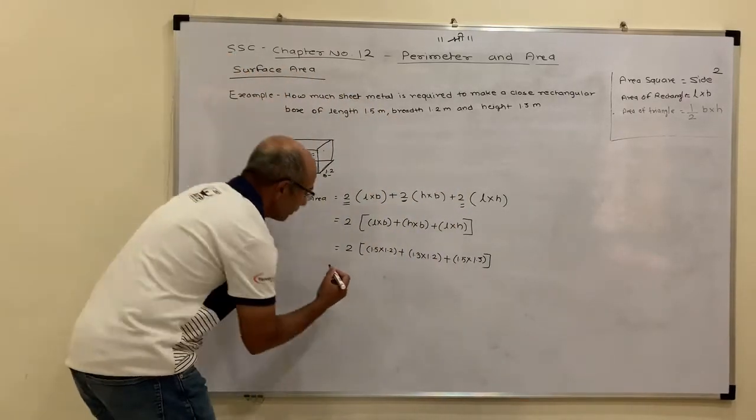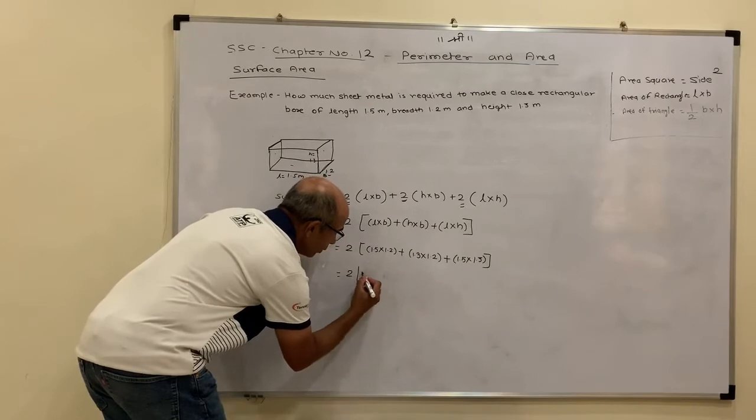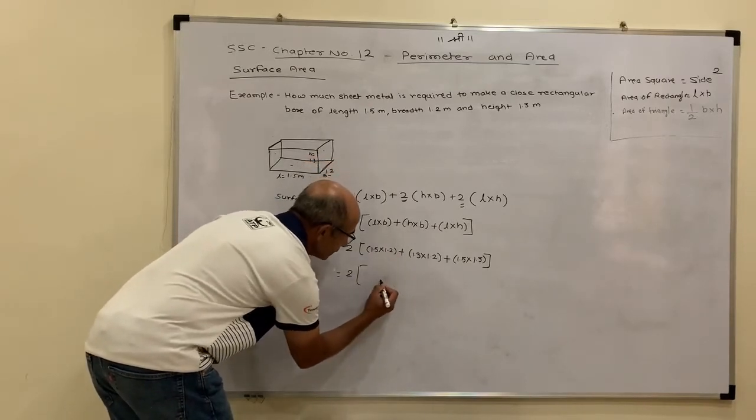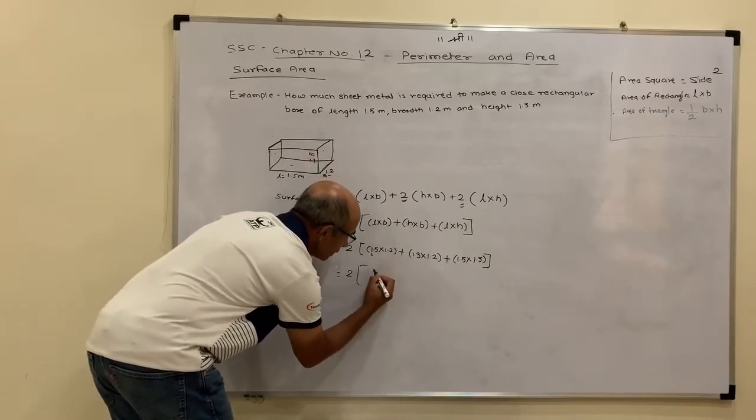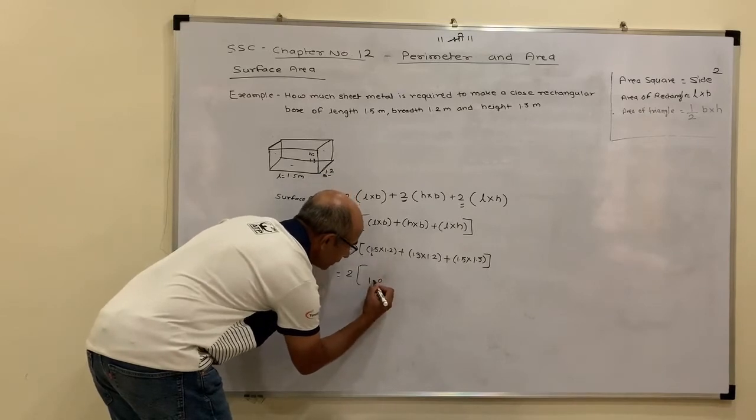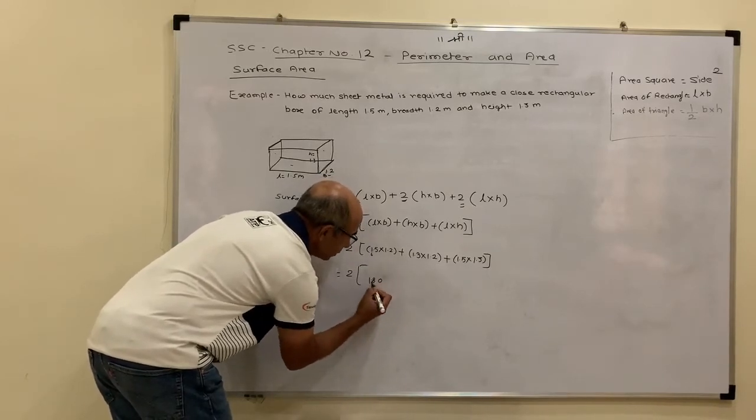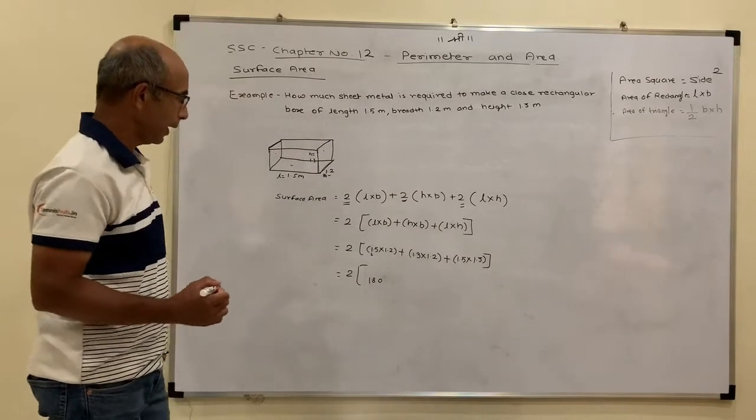So now 2 into 1.5 times 1.2: 12 5s are 60, 12 1s are 12, plus 6 is 18, so it comes out to be 1.8.